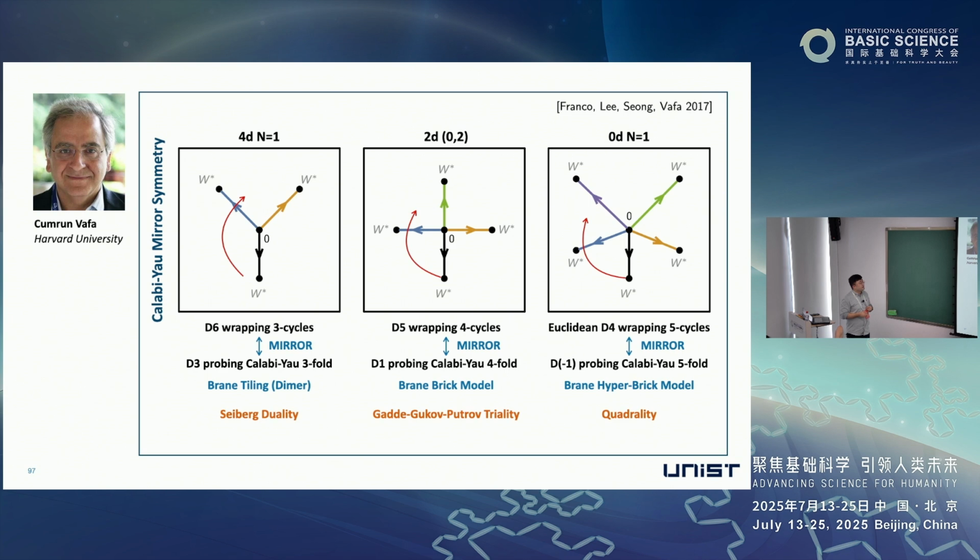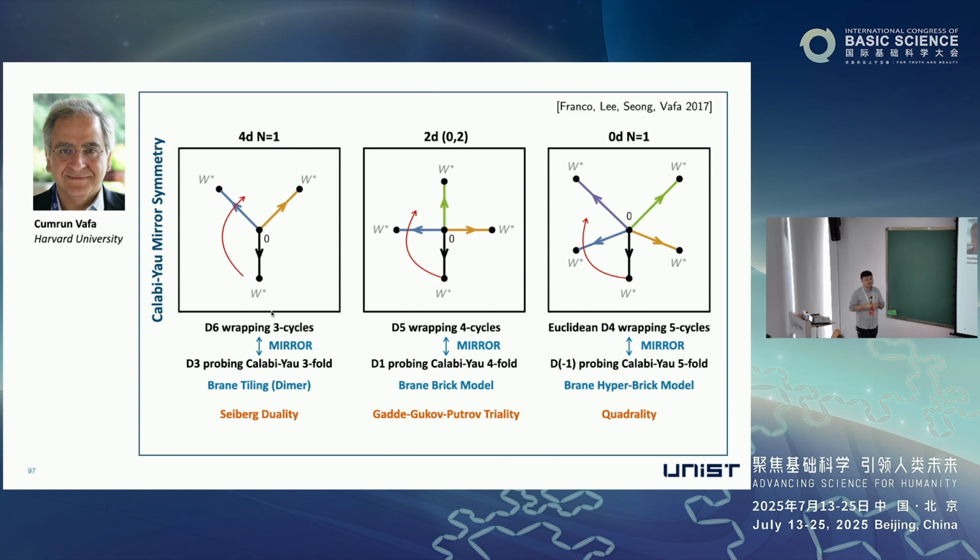Also, many years ago with Kommun, we have been studying all these theories in the context of mirror symmetry. From the mirror point of view, when you change the coefficients of the Newton polynomial defining the mirror curve, the complex structure moduli, you end up generating transitions.